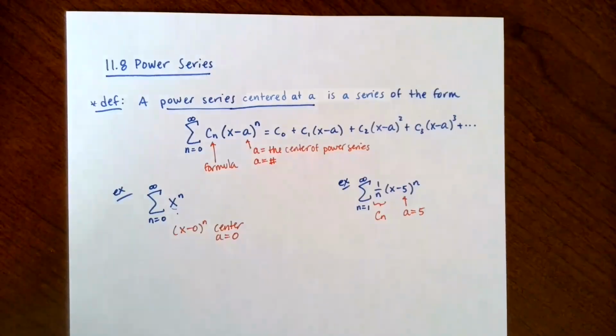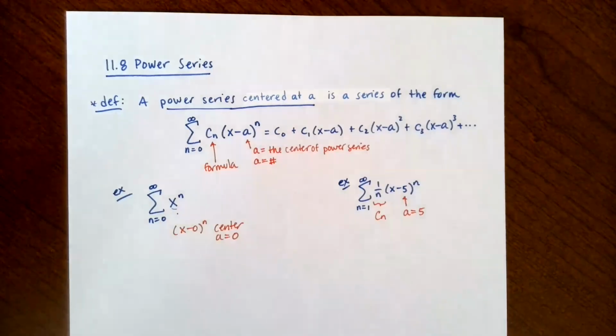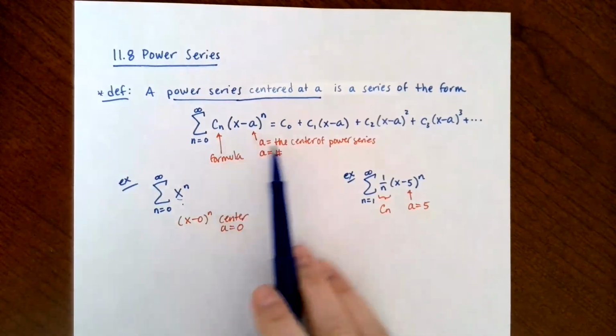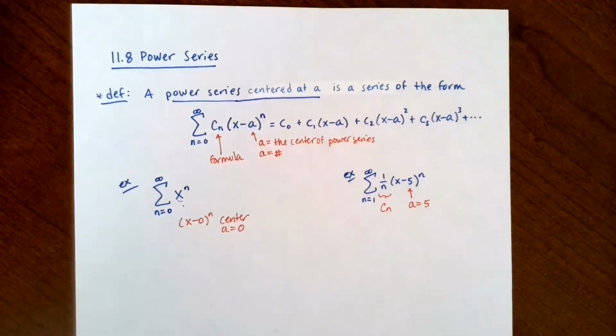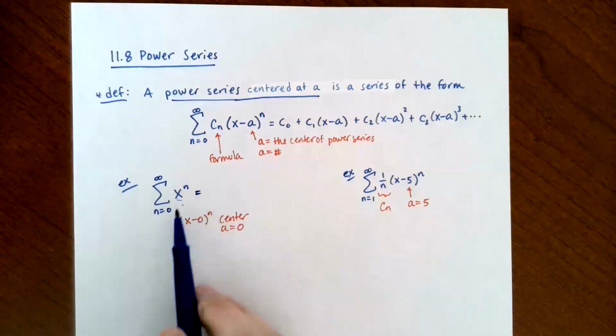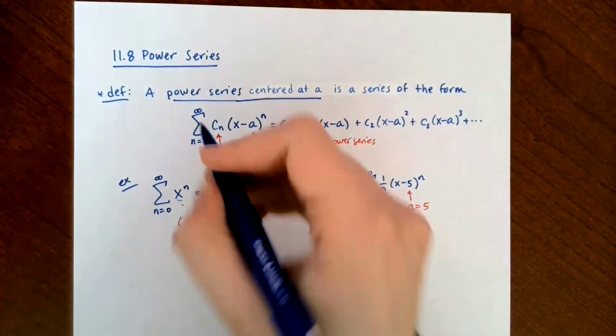All right, so let's go back to this first example and actually spell out the terms, right? So we can see this in sigma notation, or we can write out the terms of the power series. So if we plug in n equals 0, we get x to the 0, which by convention, we're always going to assume anything to the 0 is 1.